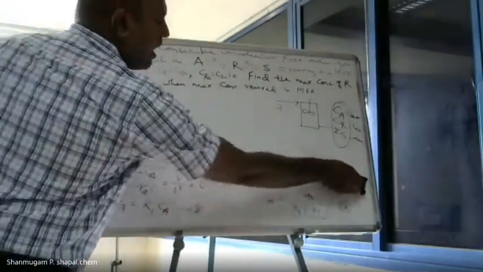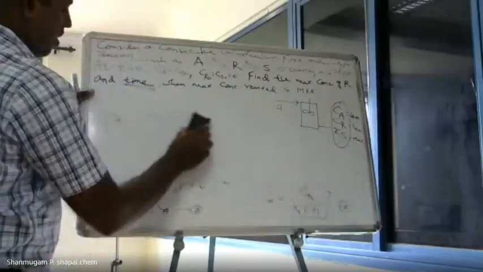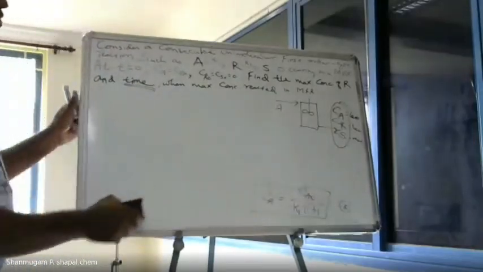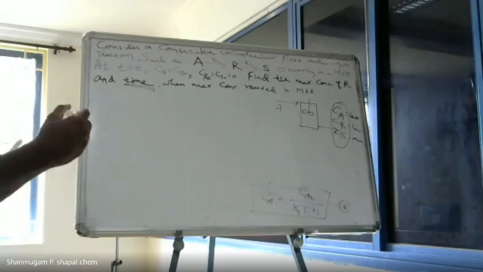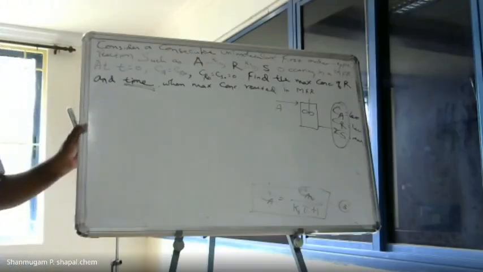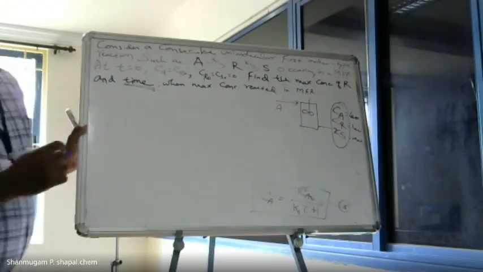And next we go for the CR, because we completed CA. What is CR here? It is again same like the previous one.